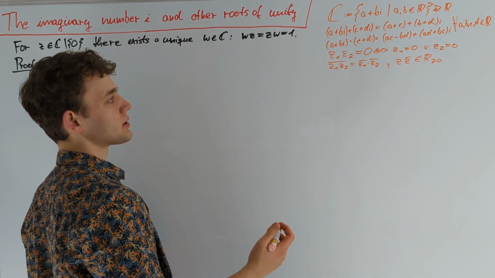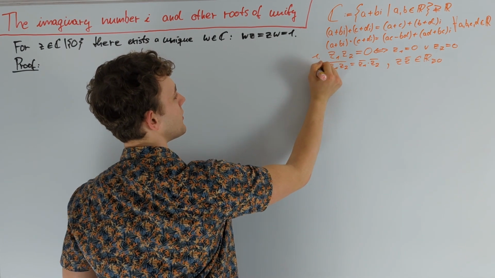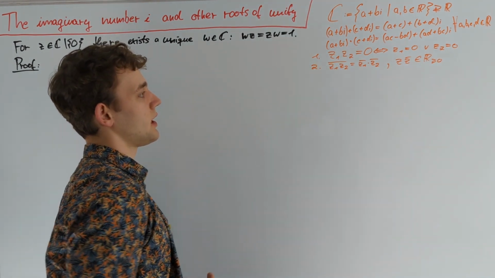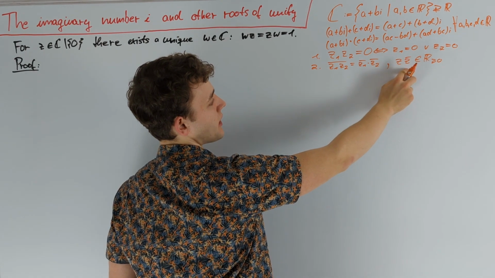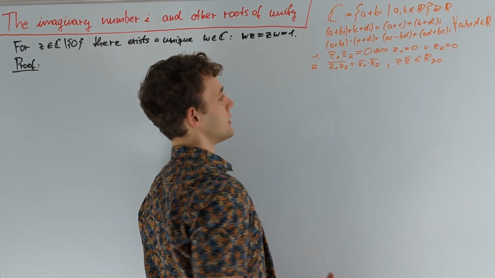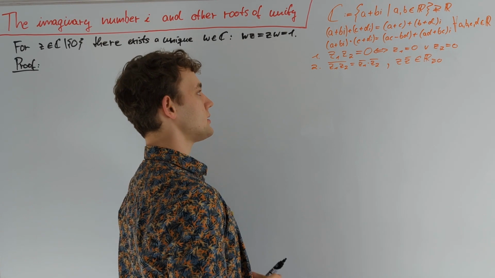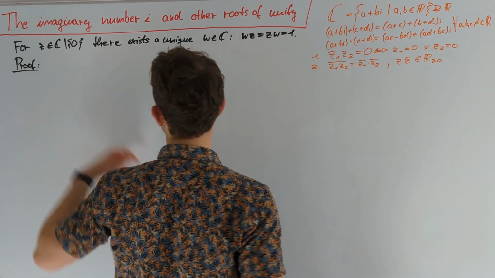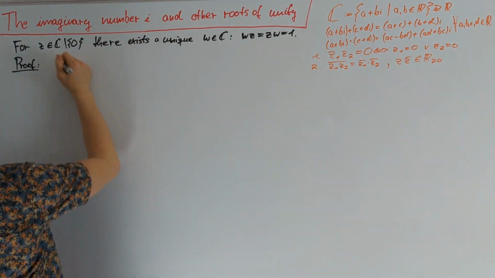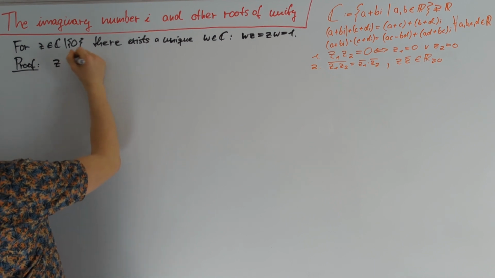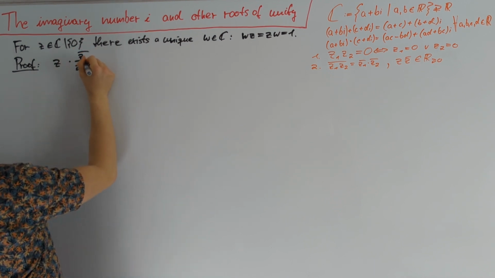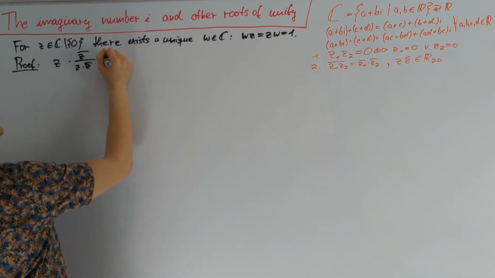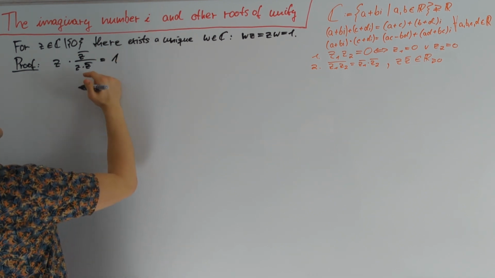To see why this is true, we take a look at our first two exercises. Namely, we see here that z times z bar is always a non-negative real number. This should motivate us to use the complex conjugate in our claim. In particular, we know that z times z bar divided by z bar, which is some non-negative real number, is equal to 1, which is what we want.